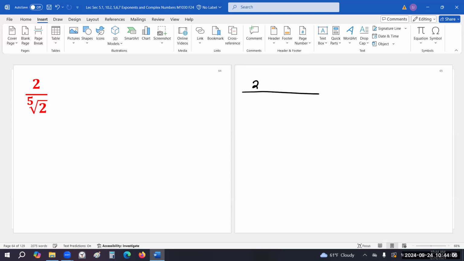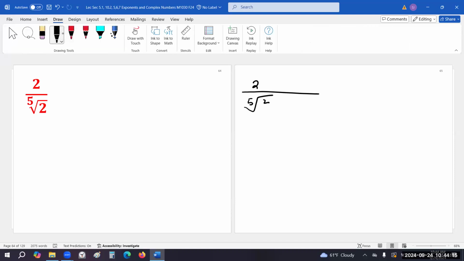So we had 2 5th root of 2. Instead of multiplying 5th root of 2 four times, we can do 5th root of 2 to the 4 directly. Because we know we need a total of 5 times, so we need to multiply by 4 more of them. 5th root of 2, 4 times.